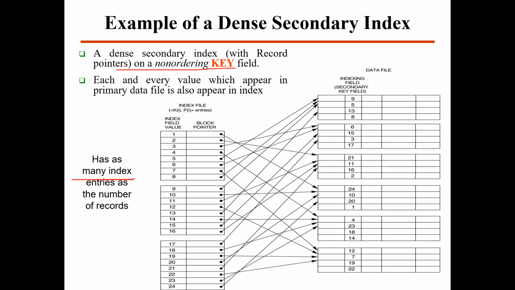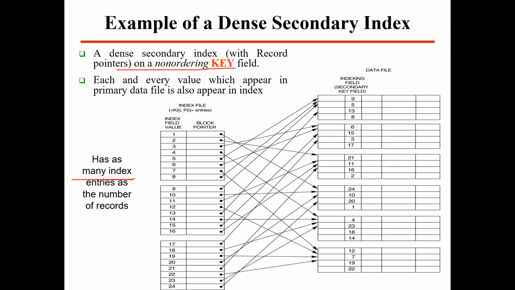Okay, so each and every value which appears in the primary data file also appears in the index. Now for example, this is your index file, K of I, P of I entries. So we have index field values 1 through 24, and the block pointers are connecting with all 24 entries.